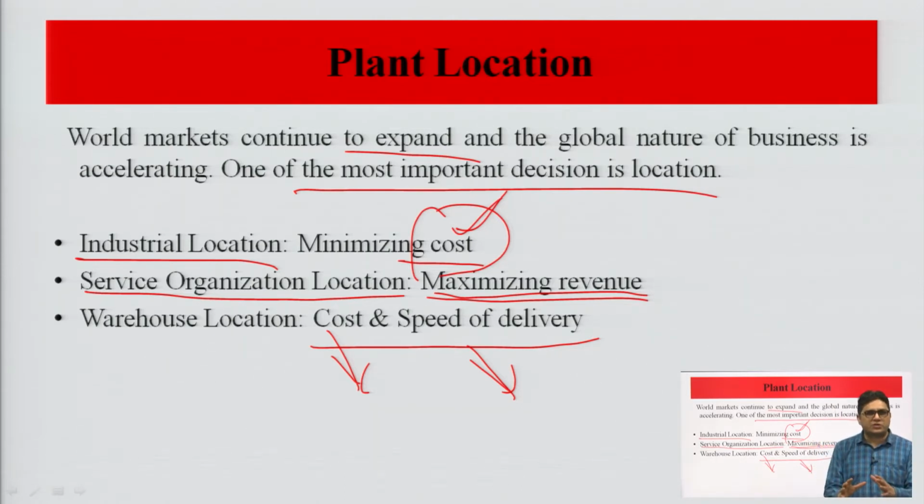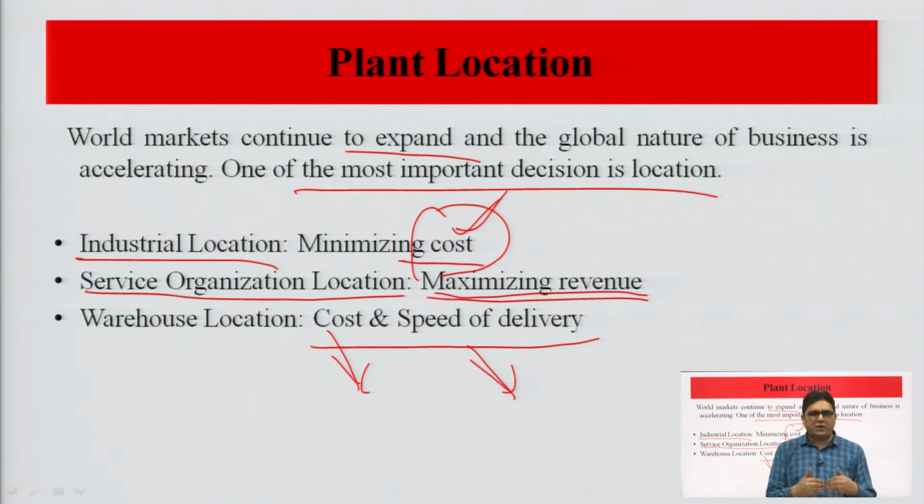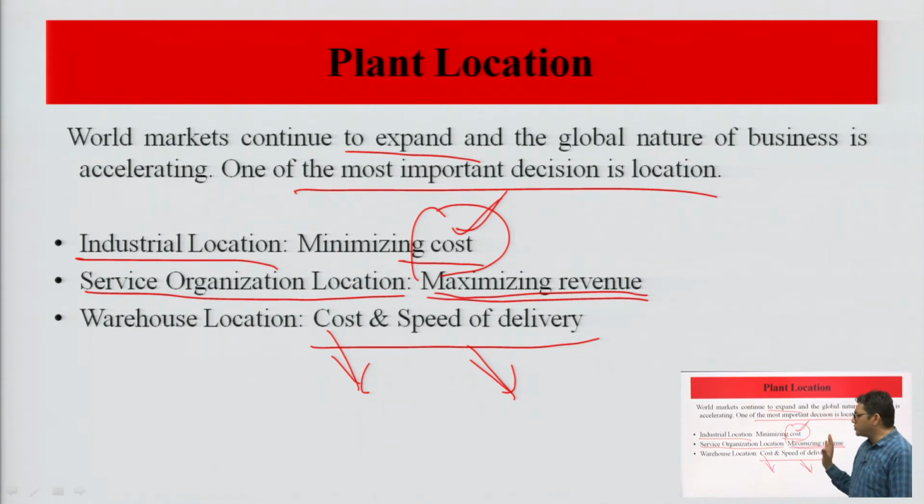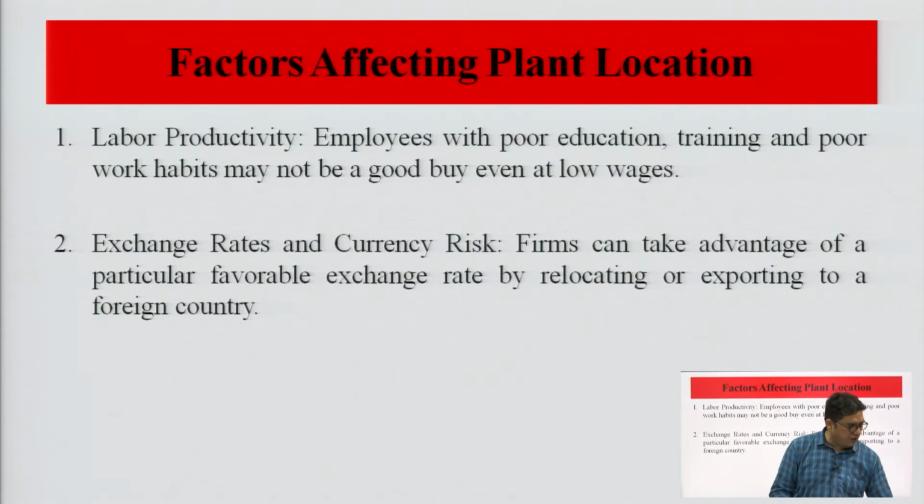To provide the goods and services as early as possible with the minimum cost. The objective of any logistics company like Blue Dart or Gati is that logistic services can be provided at a fast pace. So, we need to search for a location whereby we can speed up our delivery.